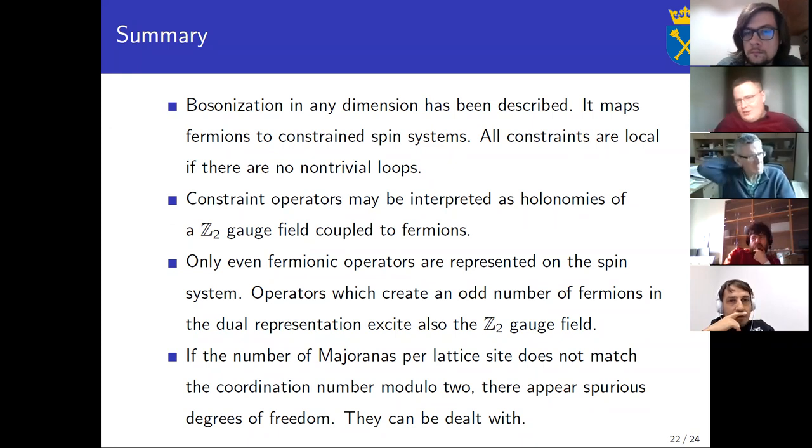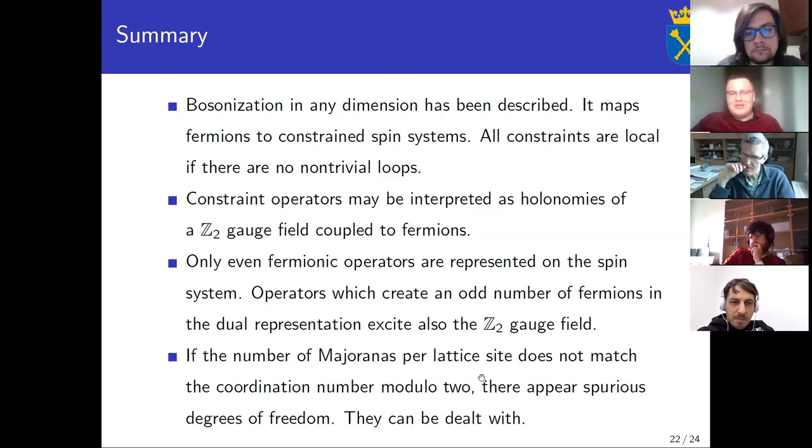Operators which create an odd number of fermions necessarily also create some Z2 gauge field. And there was also this interesting constraint: the number of Majorana operators per lattice site has to match the coordination number, modulo 2. If this is not satisfied, there are some spurious degrees of freedom, and one can understand them. And okay, that's all. Thank you.